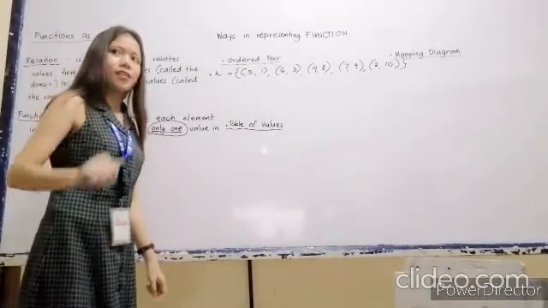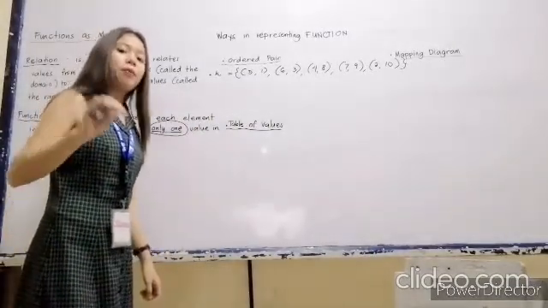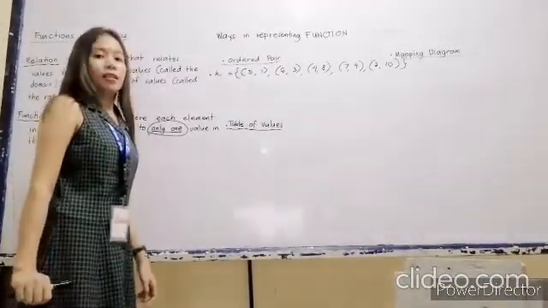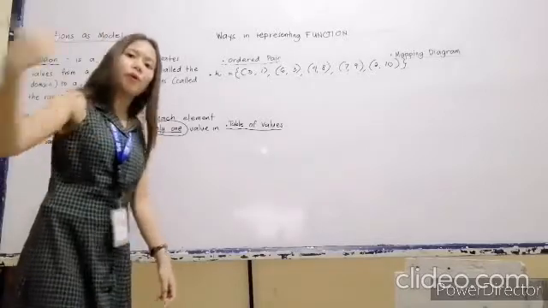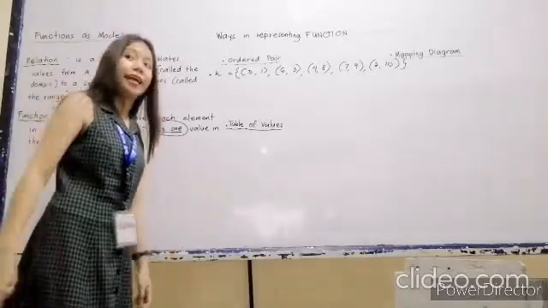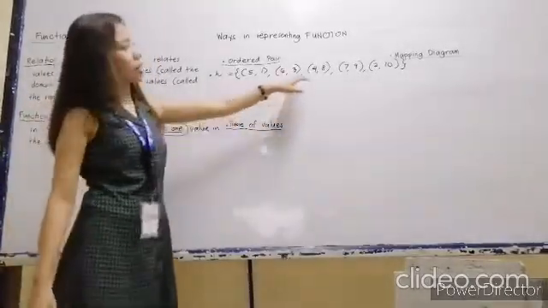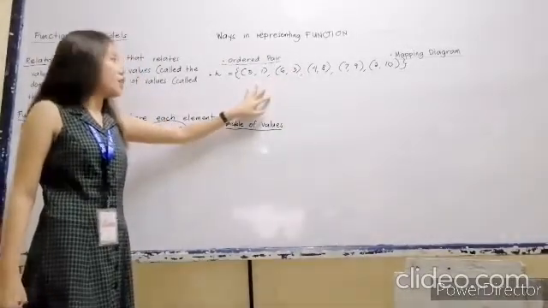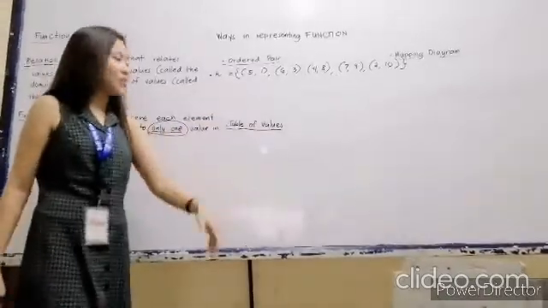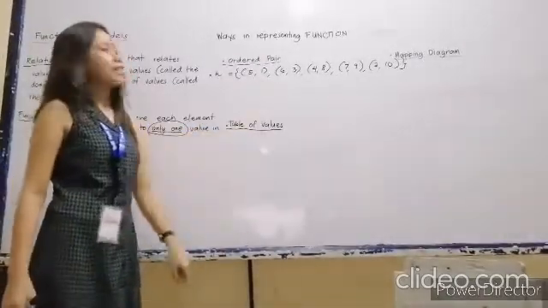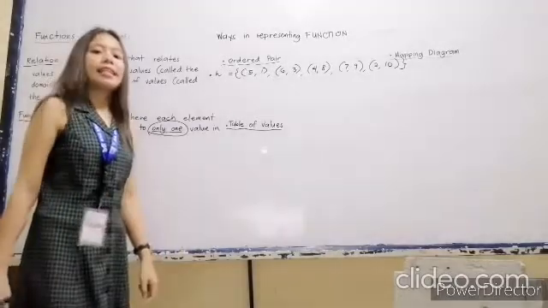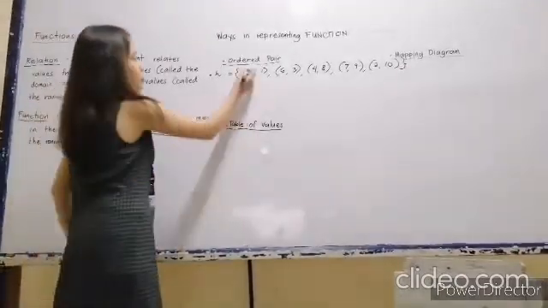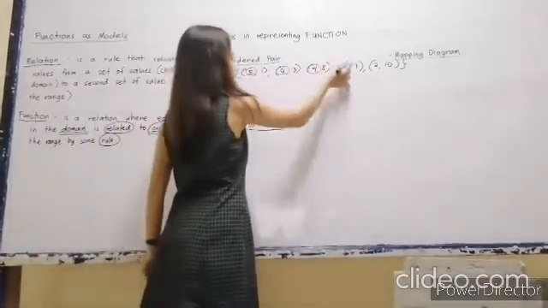If we're going to consider the input values for the domain, I told you earlier, when we say domain, all possible values for x. So if we consider this particular set of ordered pairs, the set of the domain here is 5, 6, 4, 7, and 2. Again, 5, 6, 4, 7, 2.